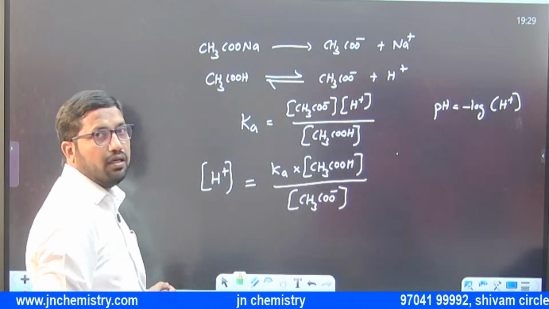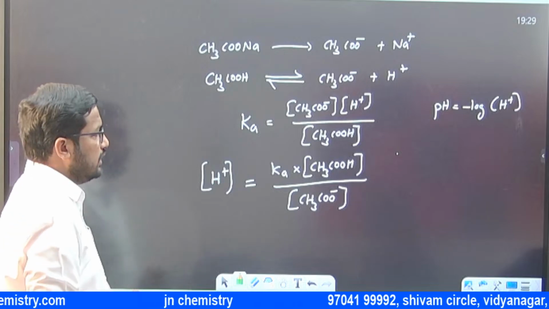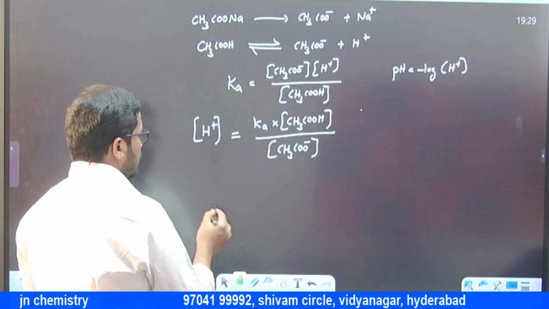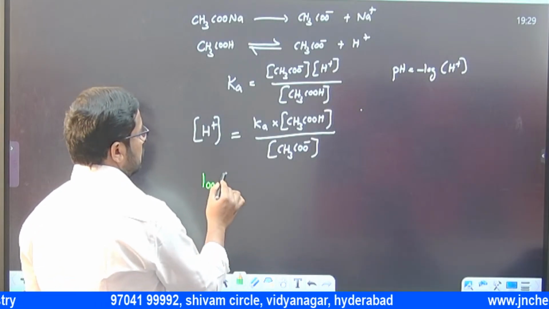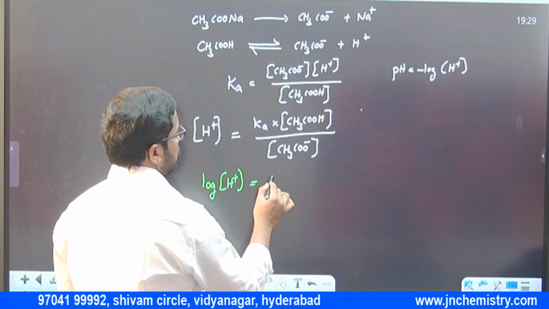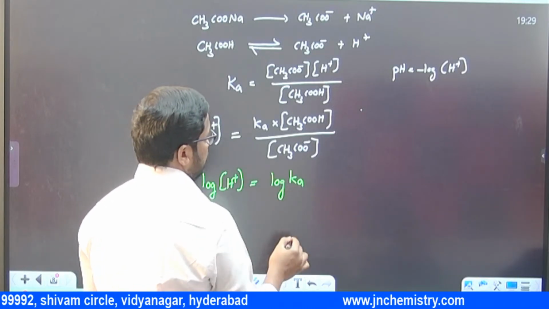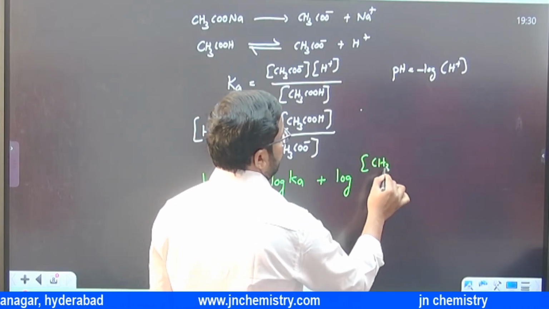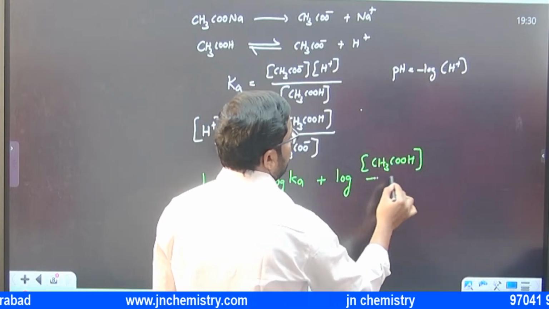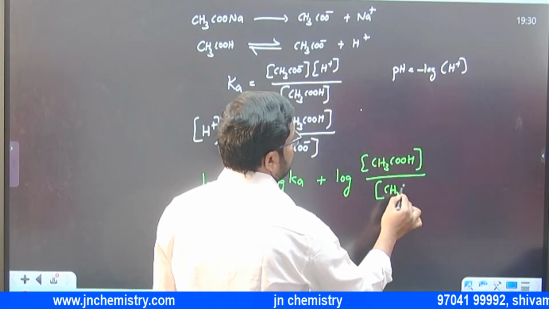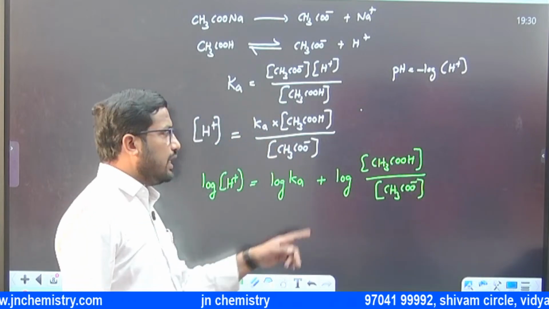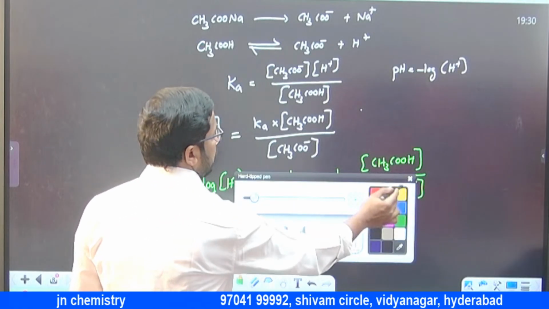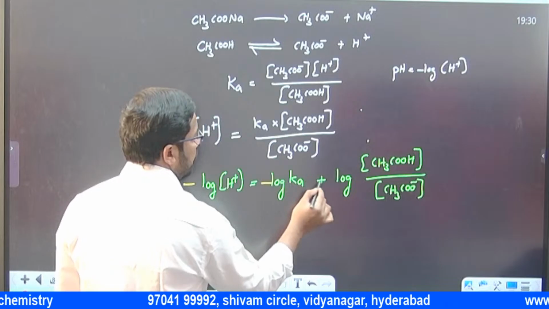Now apply the log on both sides. Log H plus equals log Ka plus log of CH3COOH divided by CH3COO minus, which is acid by salt. Multiply with minus.